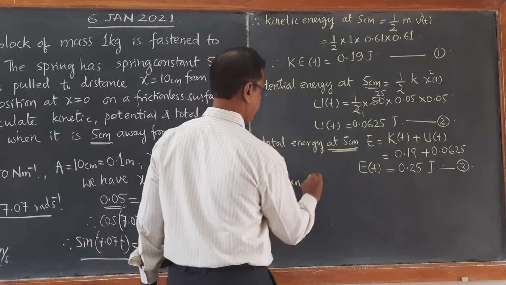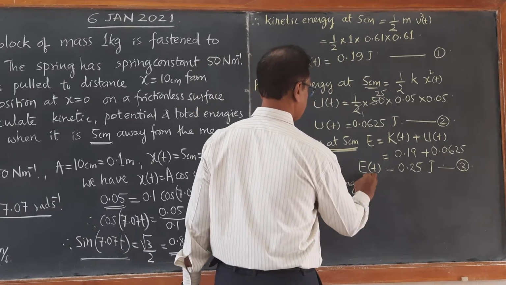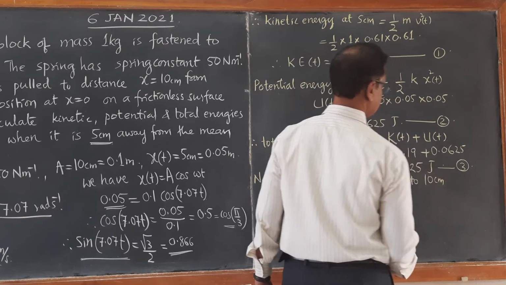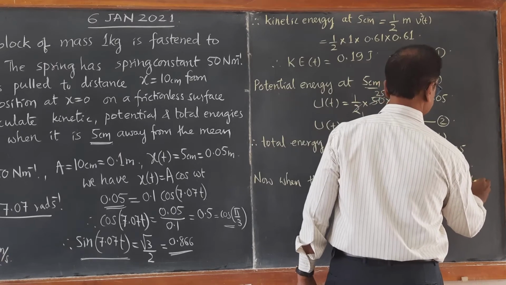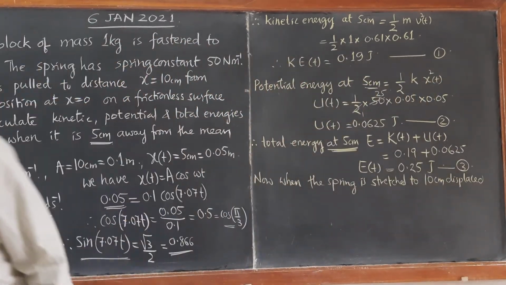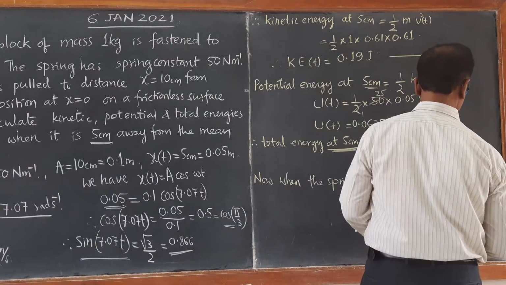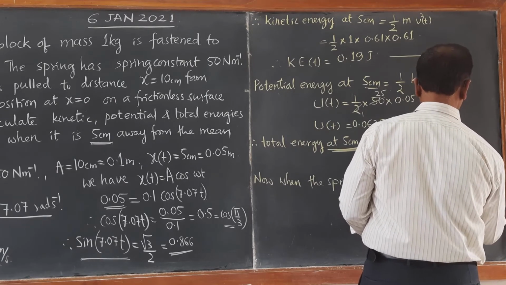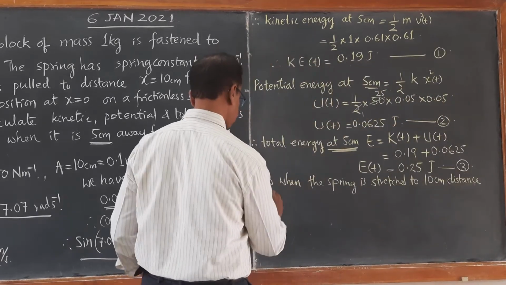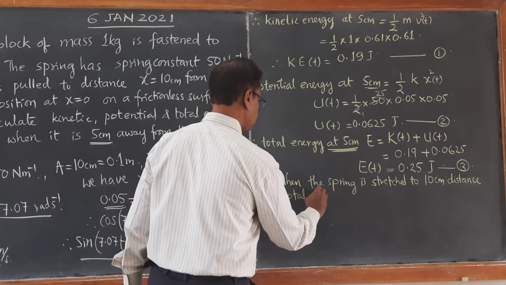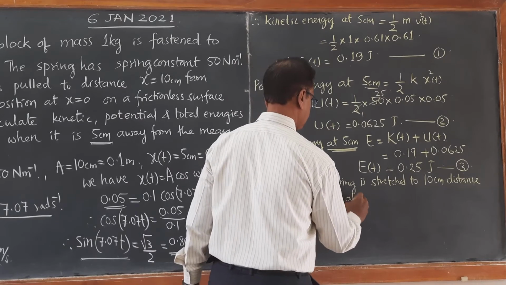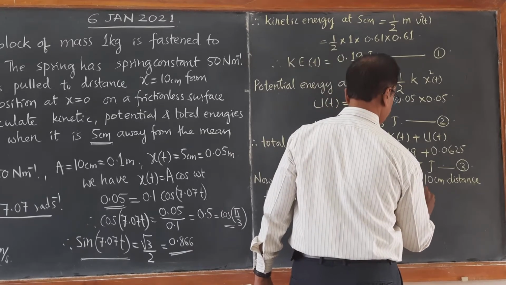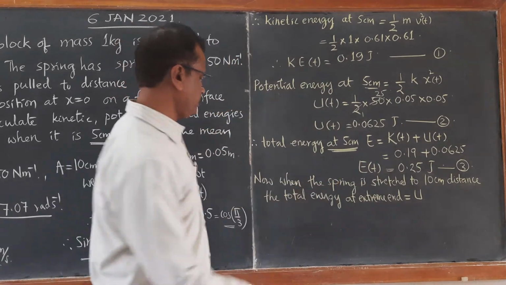When the spring is stretched to 10 centimeter displacement, the total energy at the extreme end is purely potential energy.